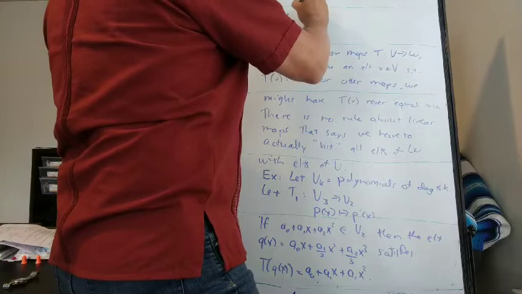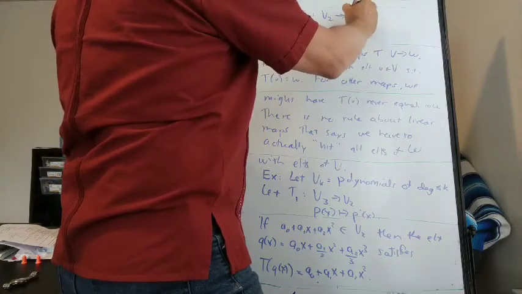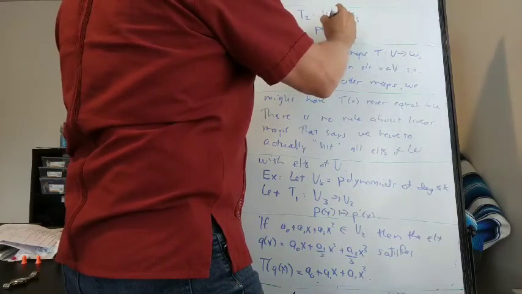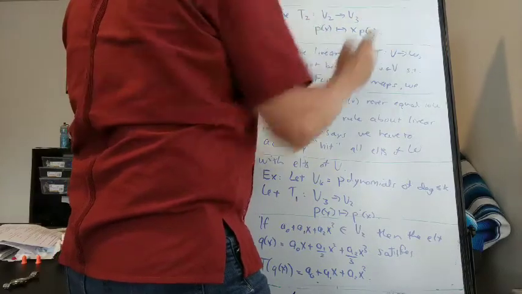Now define T2 from V2 to V3 by sending every polynomial to x times that polynomial.